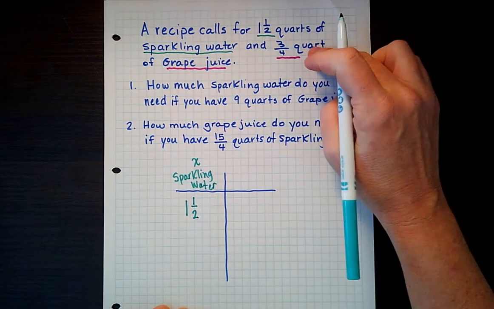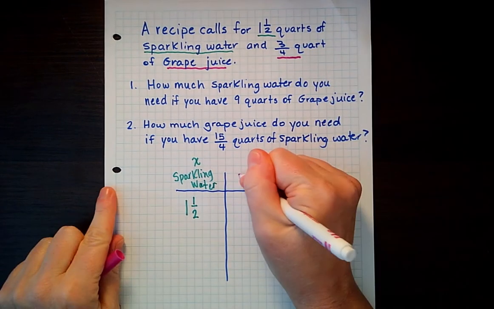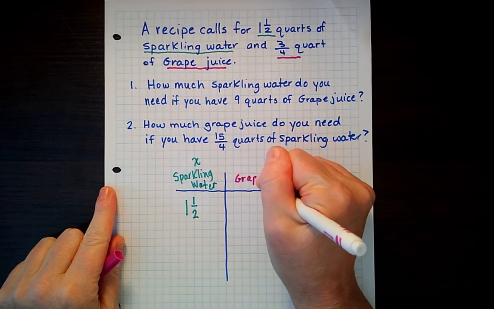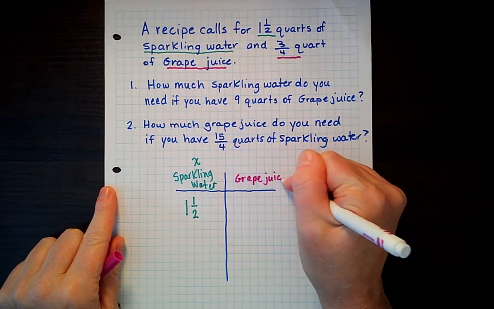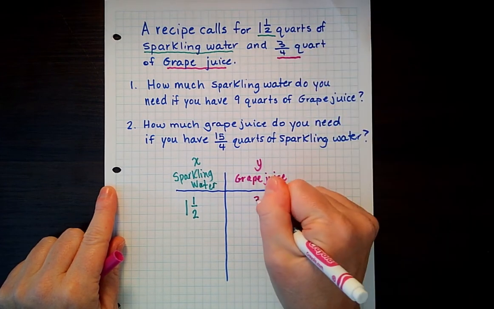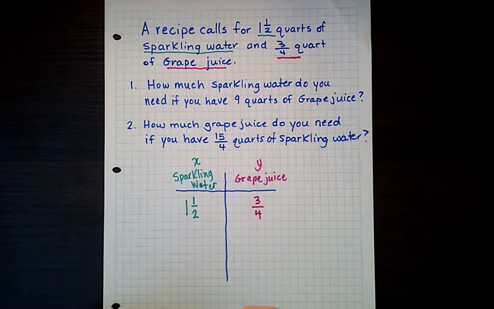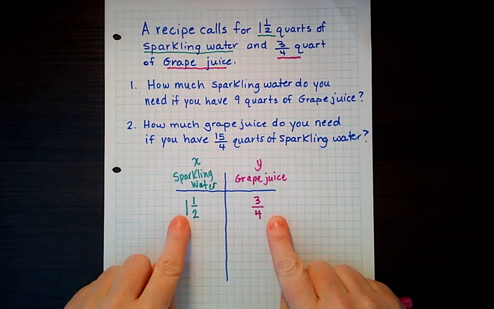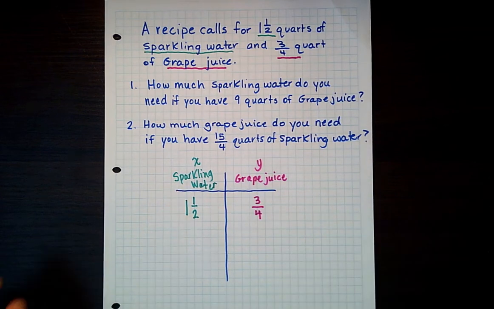On this side, the other part of my recipe is grape juice. Again, if you don't like to write, you could just write GJ. That's my Y, and I have three-fourths. I have less grape juice than I do sparkling water, so I know I'm decreasing in size with my ratio.